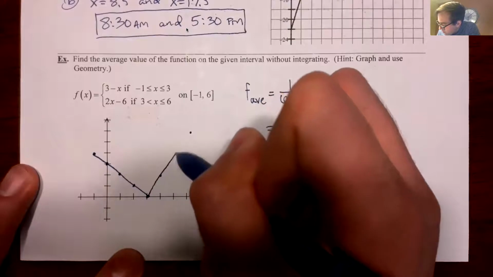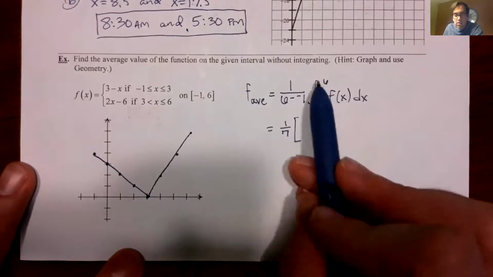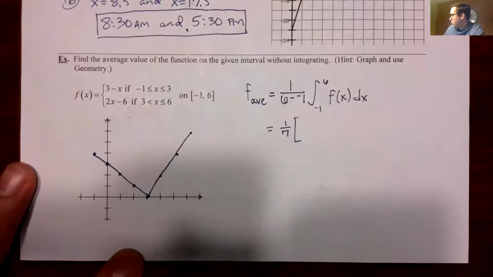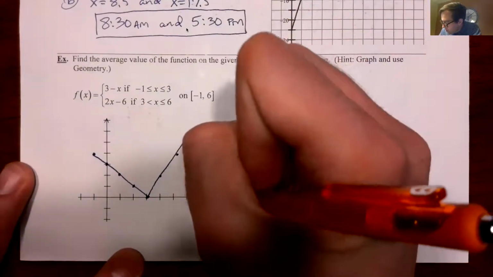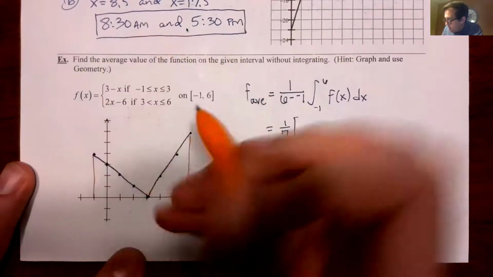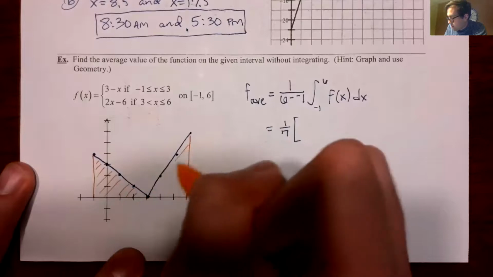There we go. So we have two kind of line segments that make up this function. And we have to integrate from -1 to 6 this function. So we know what to do, right? Integration means the area under the curve. So let's see if we can figure out the area of these two regions.